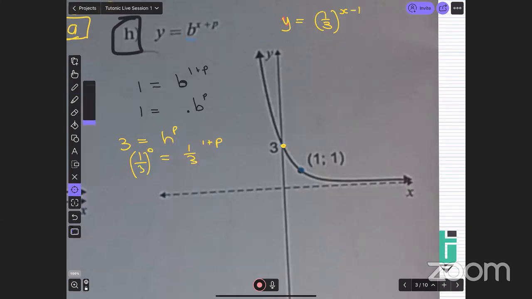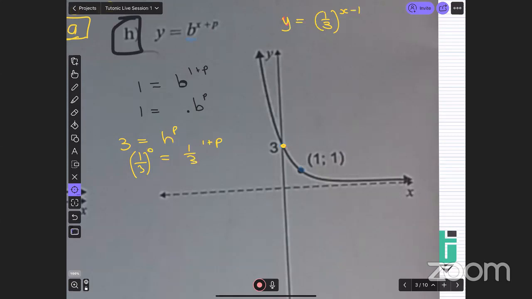If we sub in 1, what happens? It will equal y equals 1. So that's why you see it makes sense there. And if we sub in 0, it's 1/3 to the -1, which is just 3. Sydney, does it make sense?